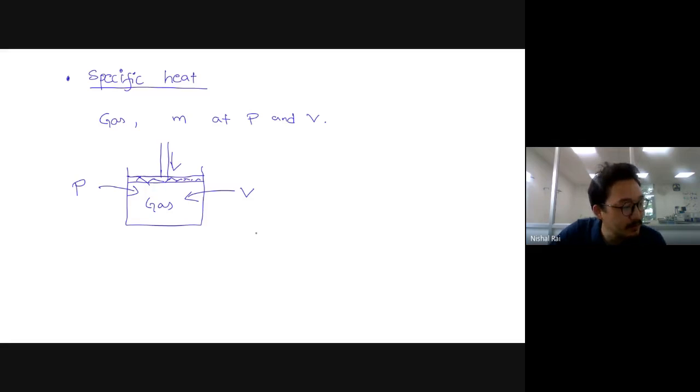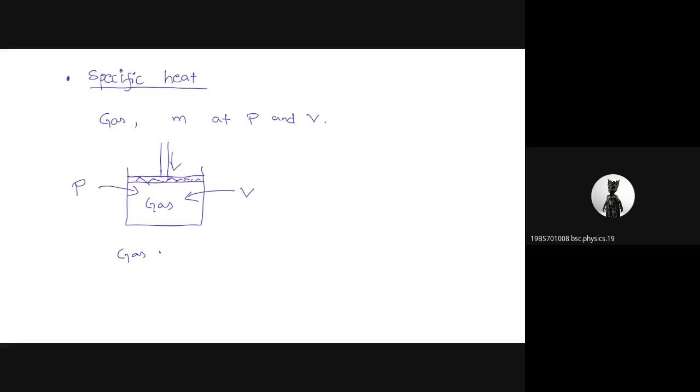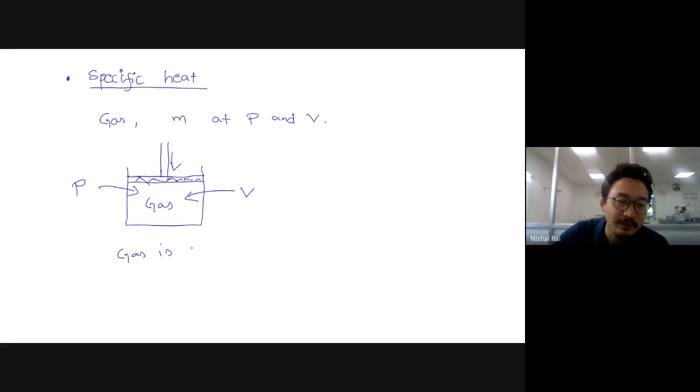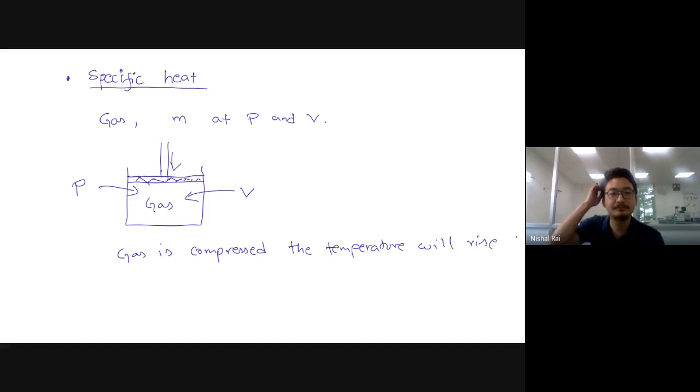If the gas is compressed, what will happen? Volume decreases and pressure increases. If the gas is compressed, the temperature will rise. How do I compress a gas?